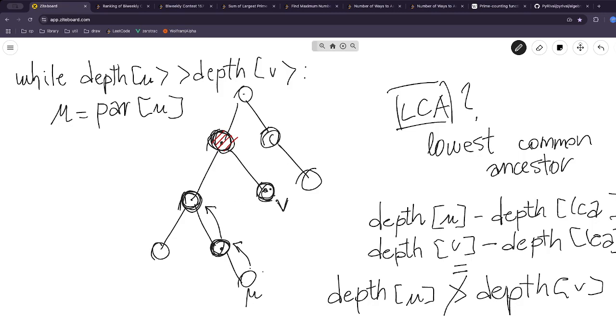Well, the reason is that if we go up with both of them and we maintain this invariant that they are always at the same depth, then when they reach a common ancestor, not the lowest, so at any common ancestor, they will be at exactly the same node, right?